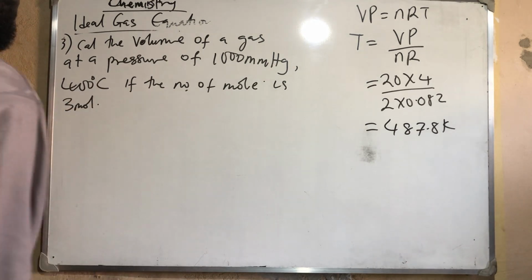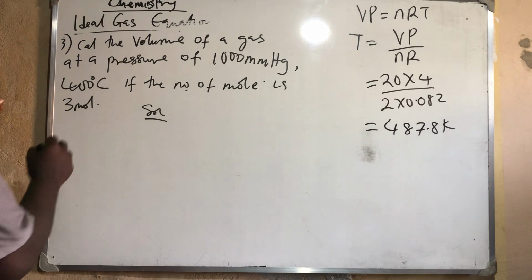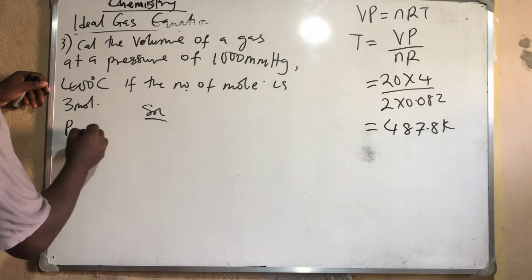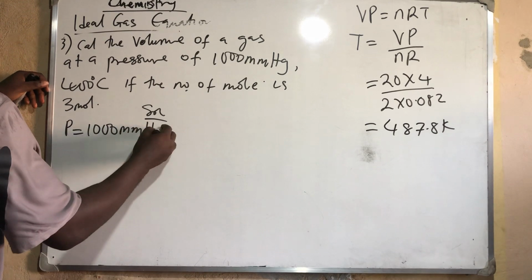Solution. Let's bring out our parameters. The first thing they gave us is pressure, and they gave us pressure as 1000 millimeter mercury.